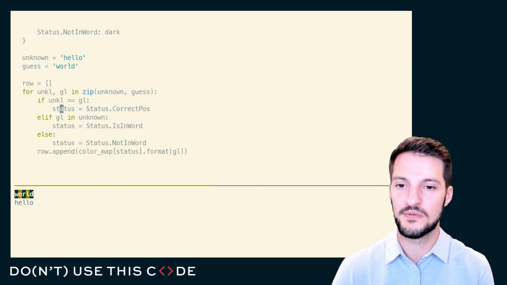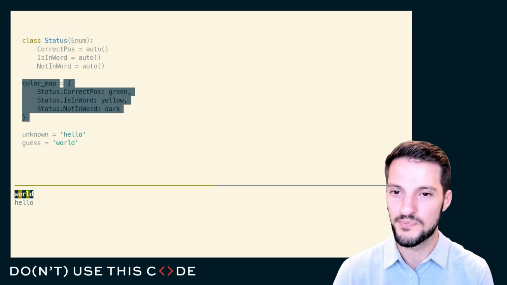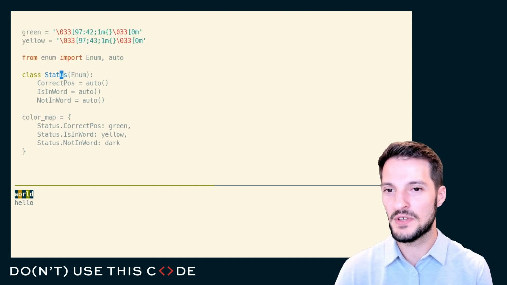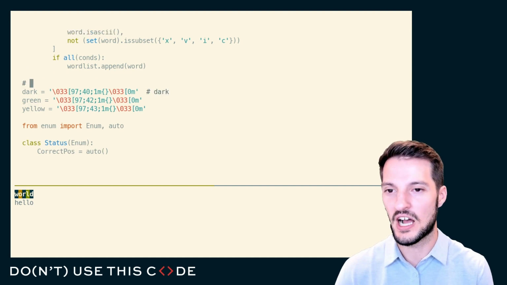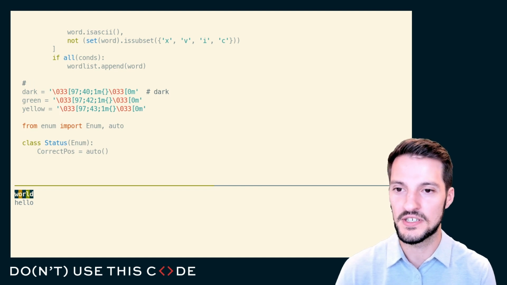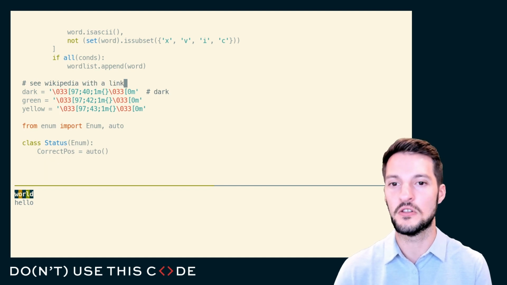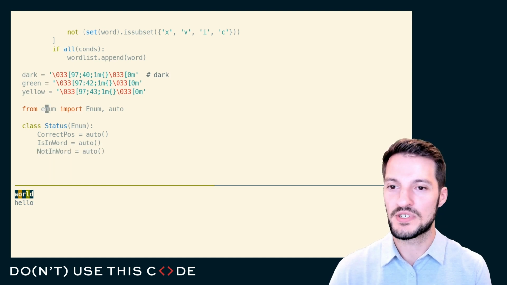I don't think we really need this mapping. In fact, having these labeled as variables in themselves isn't very helpful. I think at the very least there should be a comment right above all these ANSI escape sequences that says see Wikipedia, with a link to a table that has all of these values. So how do we represent that?